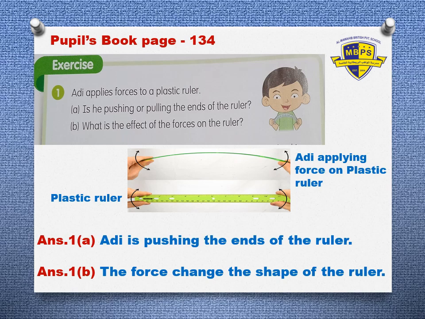There are two questions. In question A, is he pushing or pulling the ends of the ruler? Question B, what is the effect of the force on the ruler?